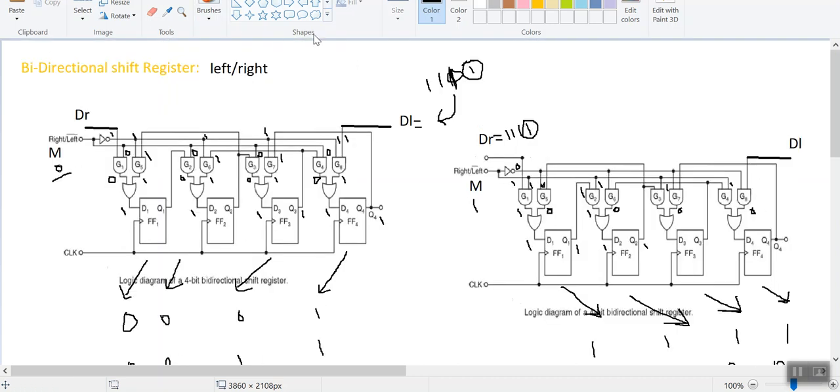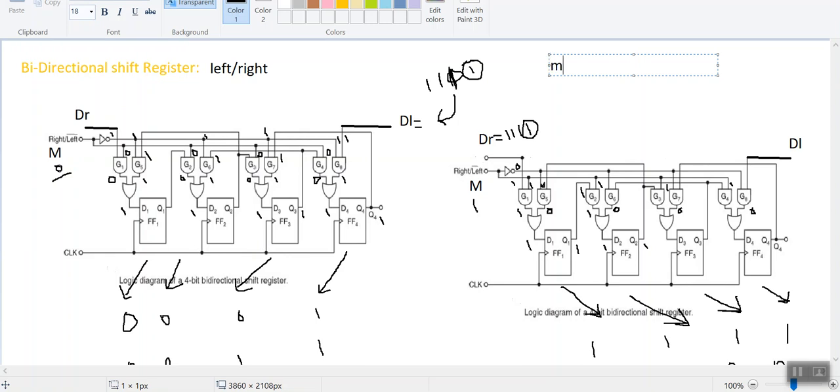So finally I would like to conclude here. When M is equal to 0, left shift is occurring, and when M is equal to 1, right shift is occurring.